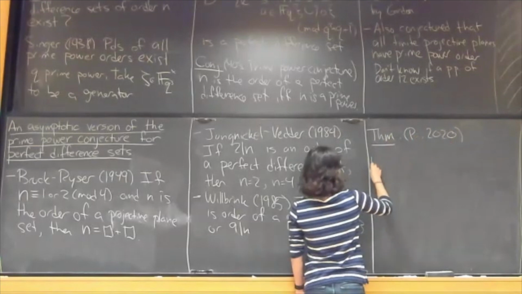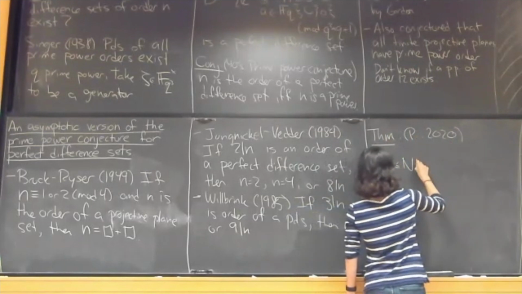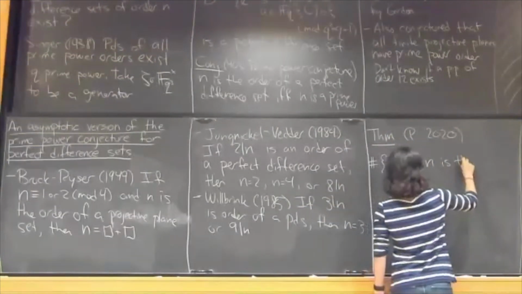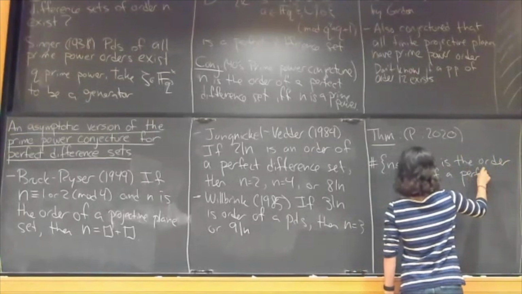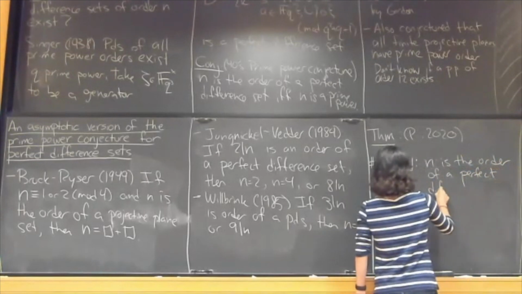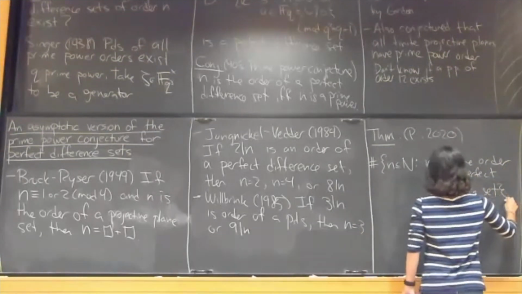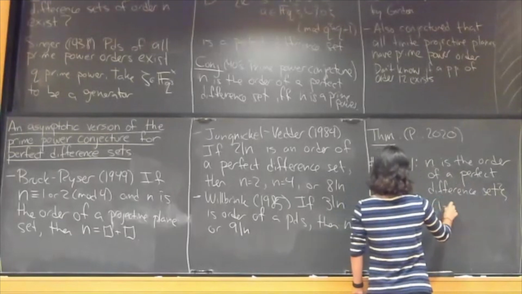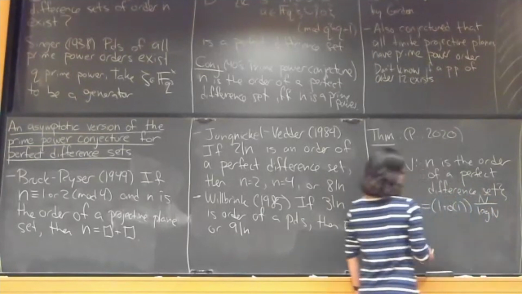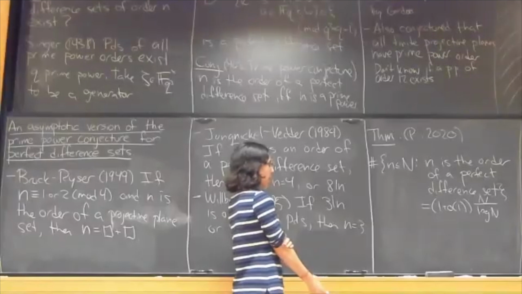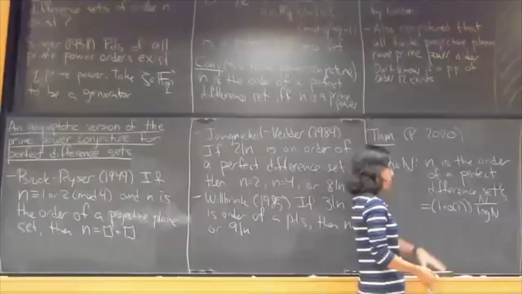So we have that the number of little n up to big N such that little n is the order of a perfect difference set is asymptotically N over log N, asymptotically the same as the number of prime powers below N. So I can get an explicit thing for this little o of 1.